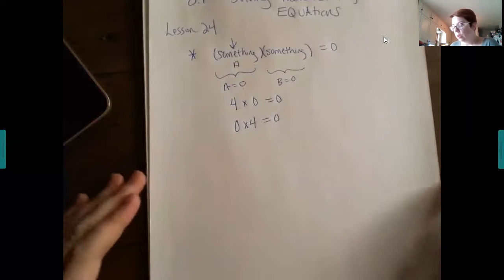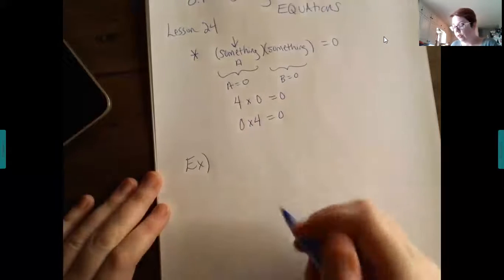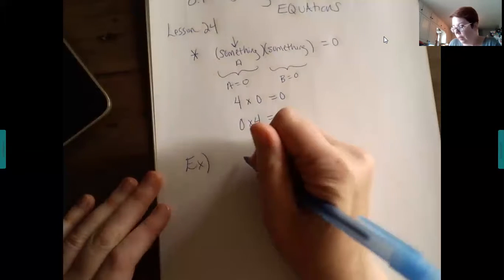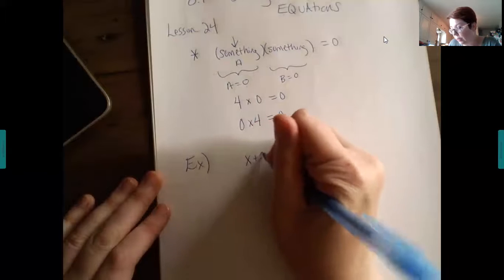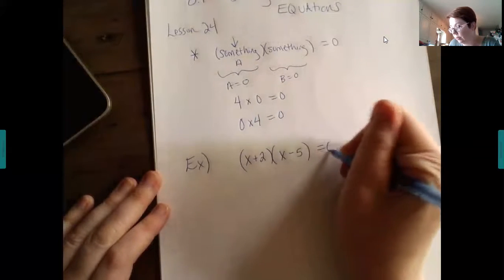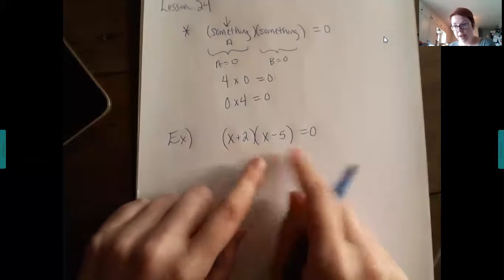Okay? So in a sense, if you have something already factored, you have it in multiplying stuff. Meaning like if you had something where it says x plus 2 times x minus 5 equals 0. So this is factored because it's in its factors.